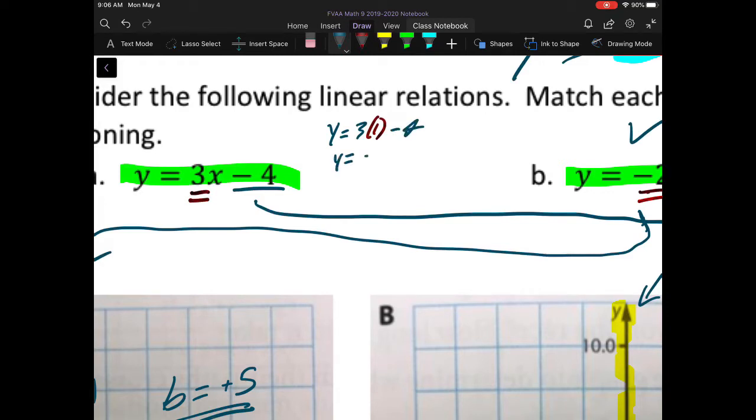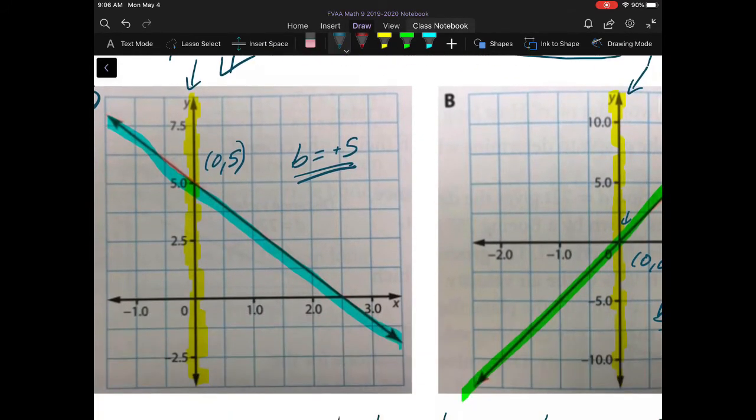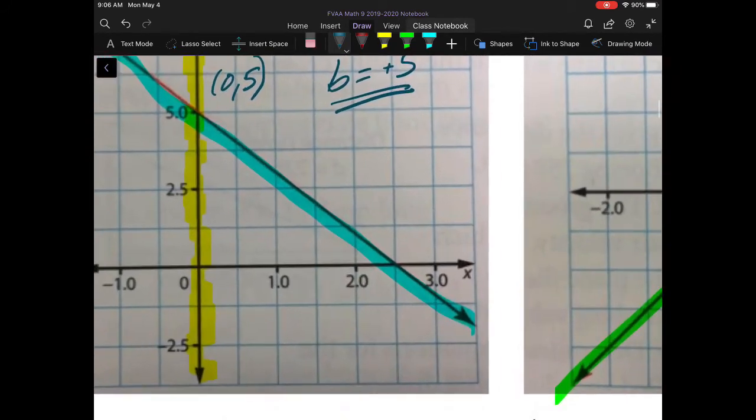Y is equal to negative 1. So I should have a point on the line of 1 and negative 1. Let's see if I do. On this graph here, graph A, 1 and negative 1 goes down by negative 2.5, so it would be this point here. And you see that this point is not on the line. So this can't be the right graph for equation A.